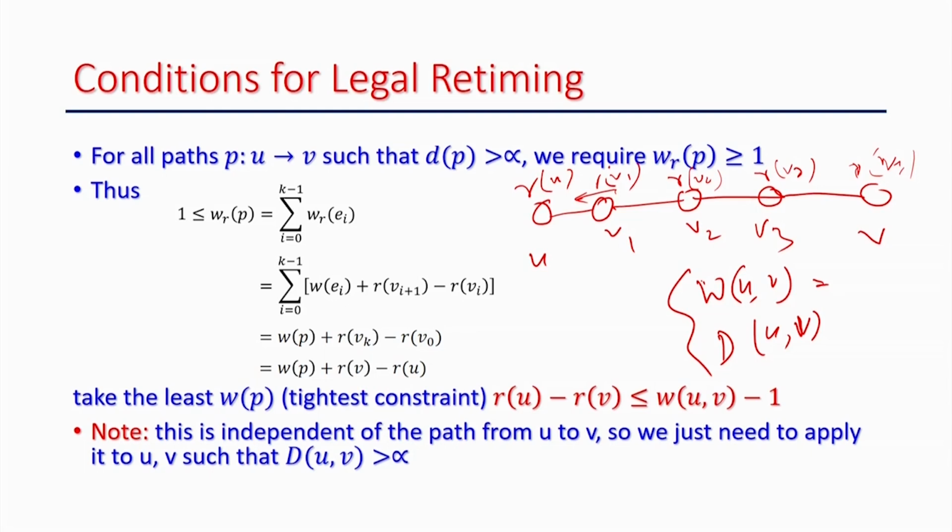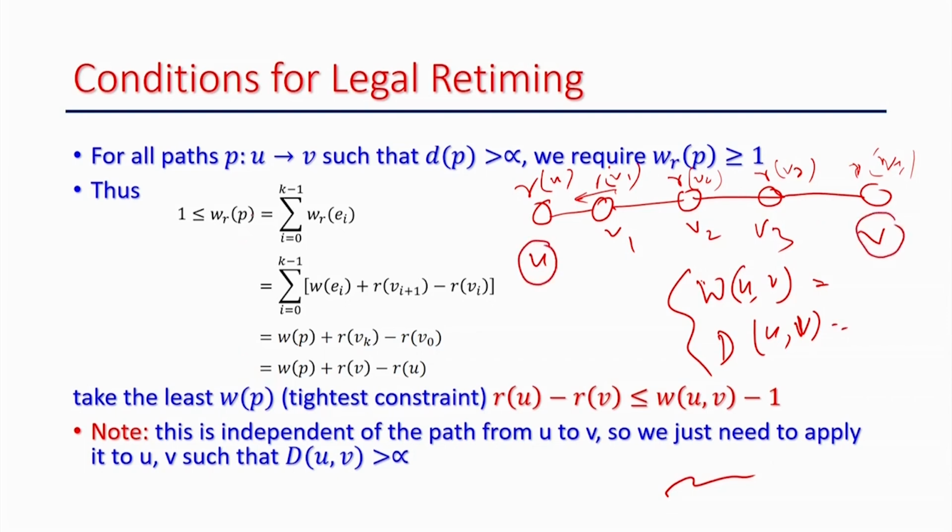So, what we have seen is that for a path which has minimum weight W and maximum delay D, the intermediate R values are not important, only the start node and the end node.